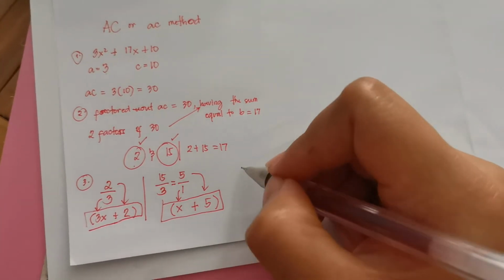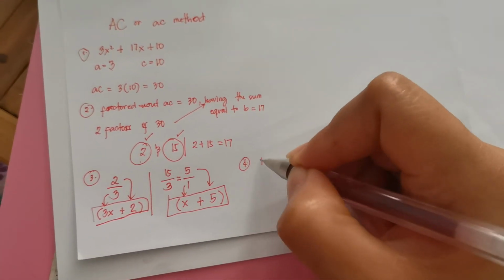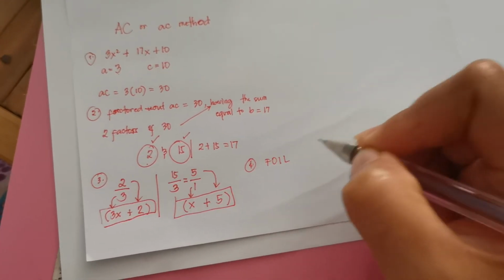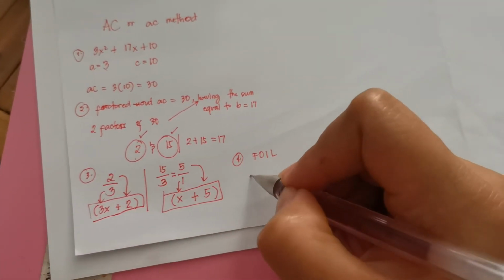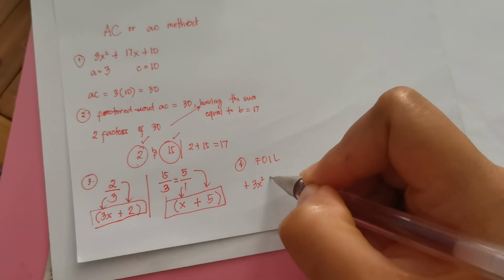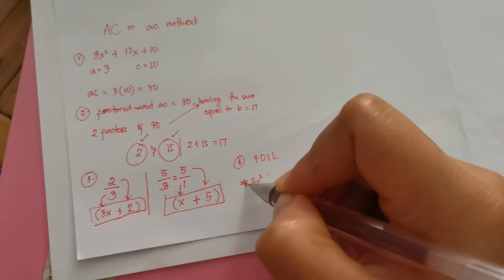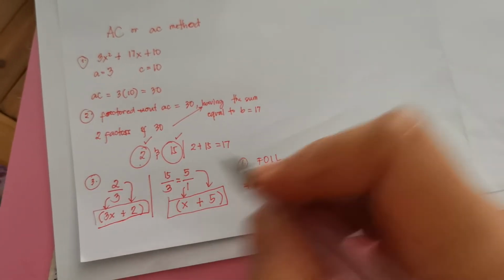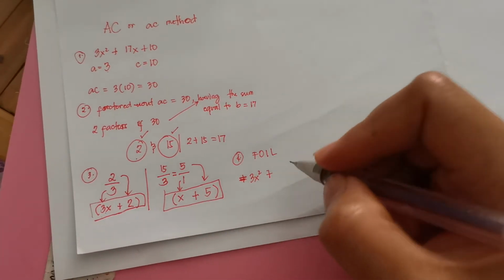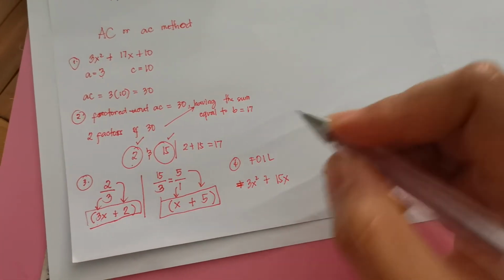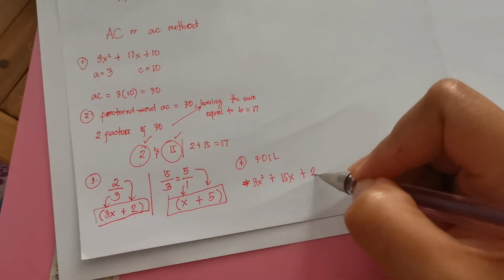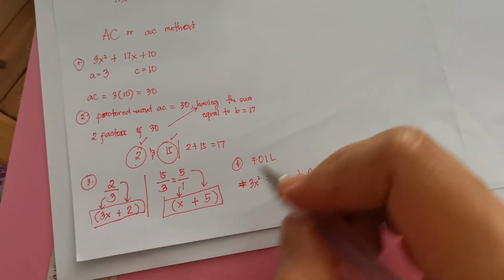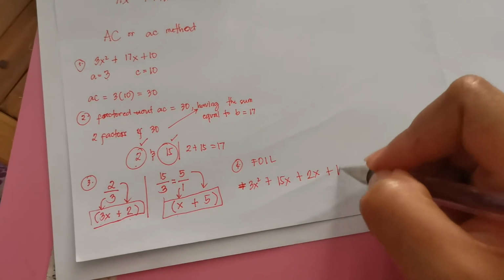To check, number 4, to check, FOIL method lang. FOIL method. So we have first term, 3x times x, 3x squared, equal sign ni siya klasa plus outer term 3x times 5, 15x plus inner term 2 times x equals 2x plus the last term 2 times 5 equals 10.